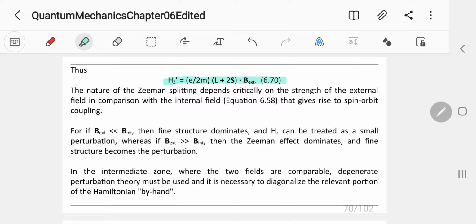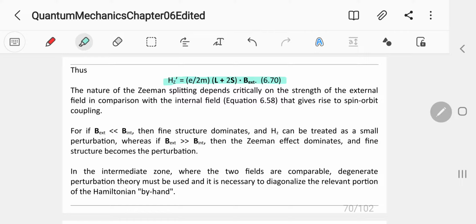But if the internal magnetic field is much smaller than the external one, then the Zeeman effect will dominate, and the fine structure becomes the perturbation. There are 3 cases considered here, including the intermediate zone, where the external and internal magnetic fields are comparable to each other.